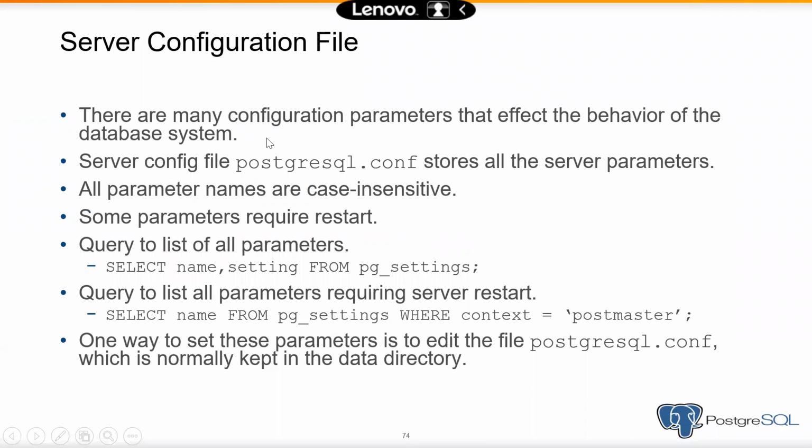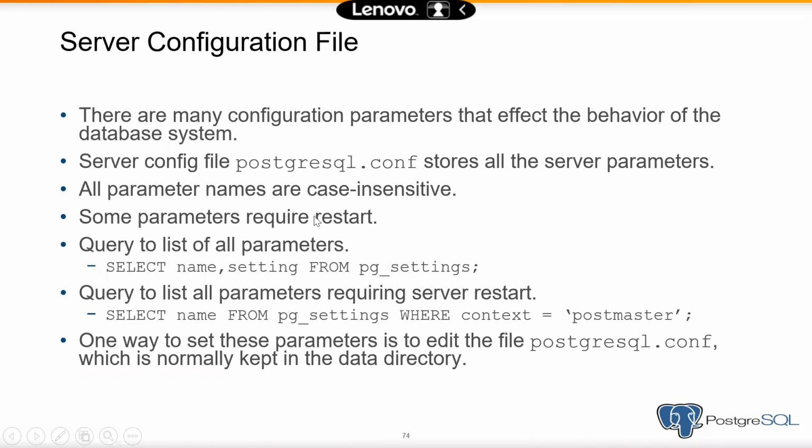This is typically in the PostgreSQL.conf file. There are many configuration parameters that affect the behavior of the database system. And there is a server configuration file called the PostgreSQL.conf file that is there at every database instance or cluster.